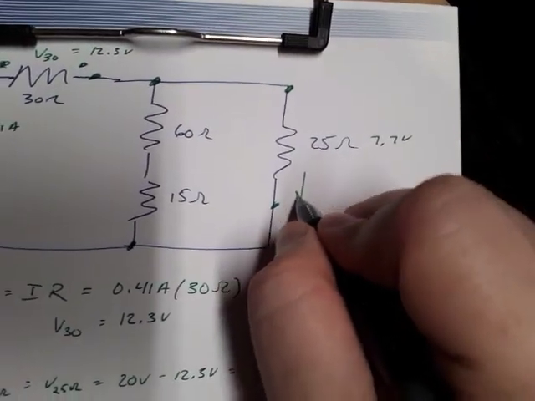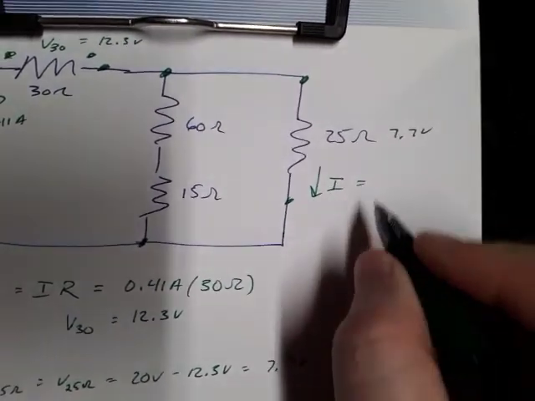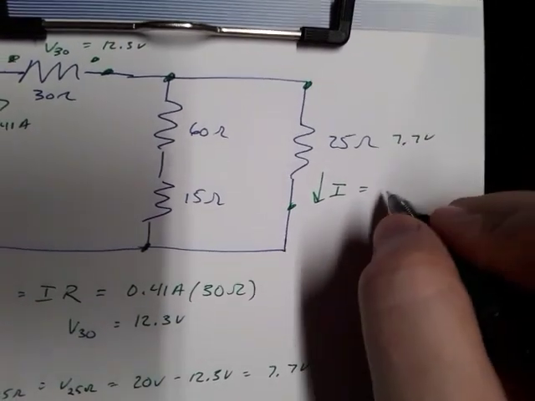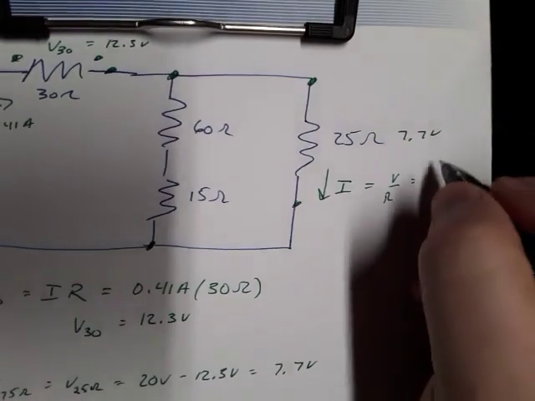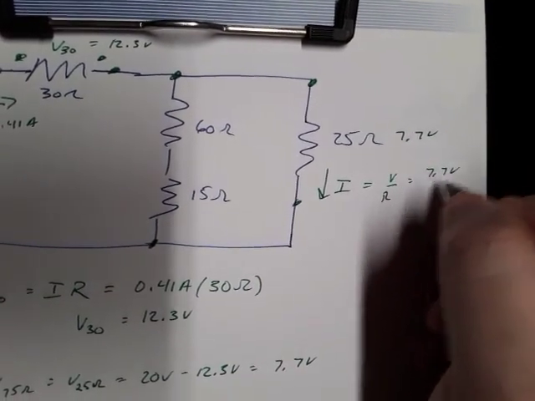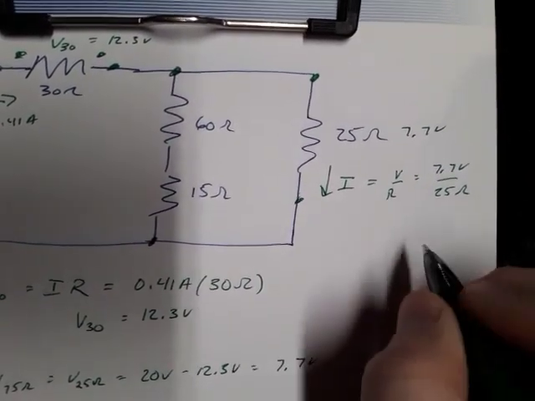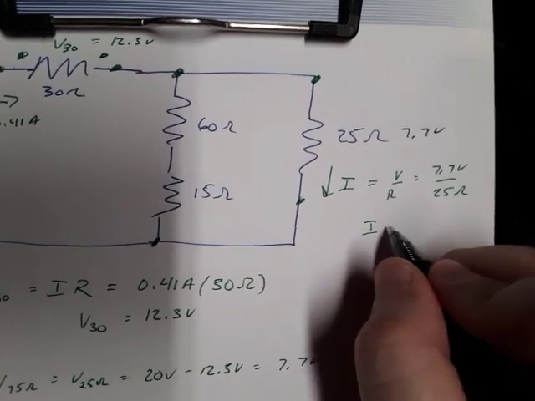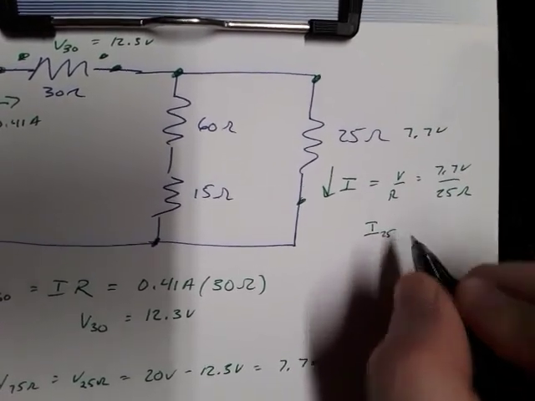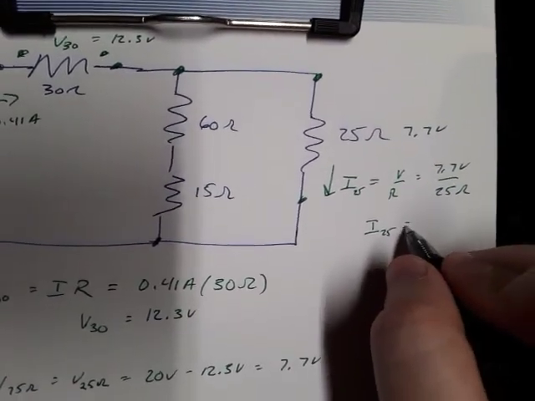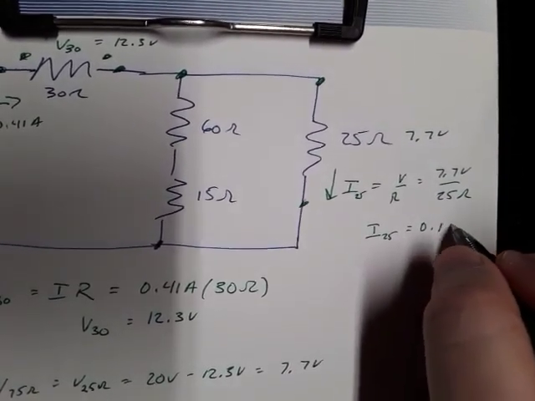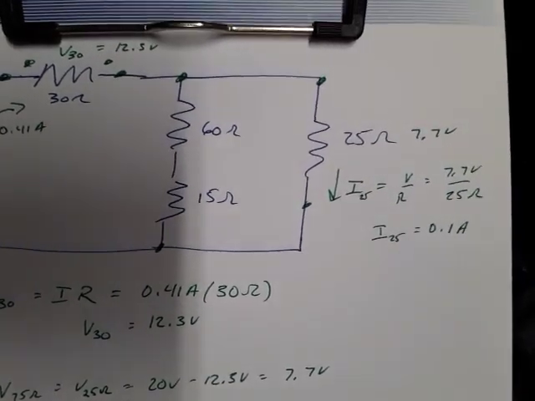And so we know the current this way has to be V over R from Ohm's law, and that's going to be 7.7 volts over 25 ohms. I'll call that I-25. This current is going to be 0.1 amps.